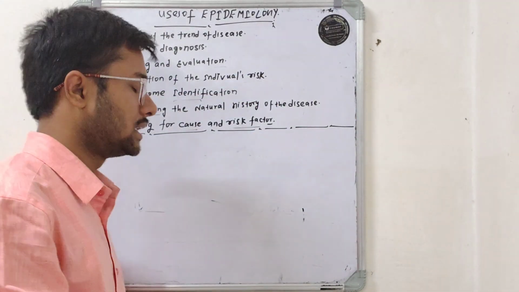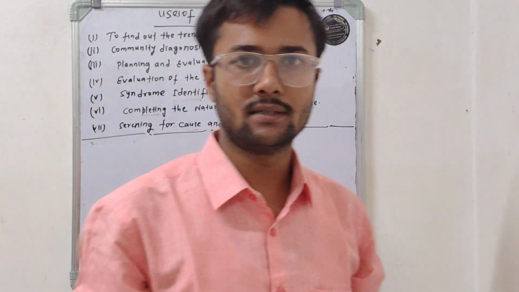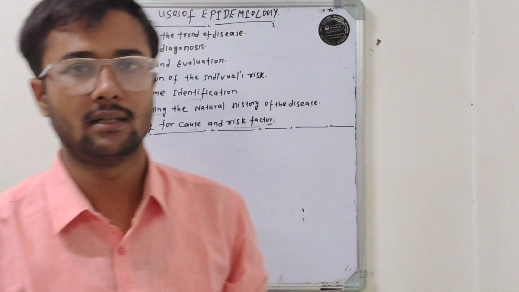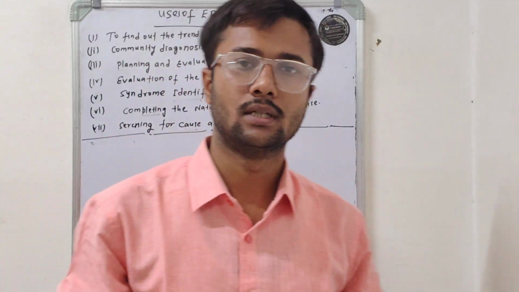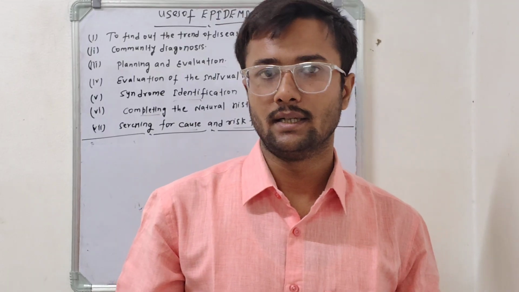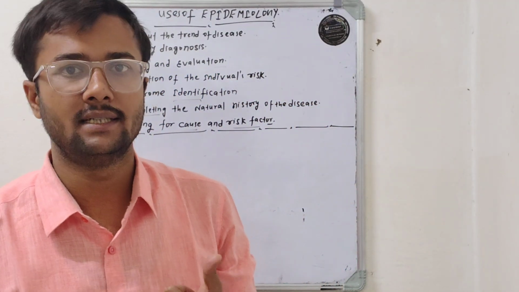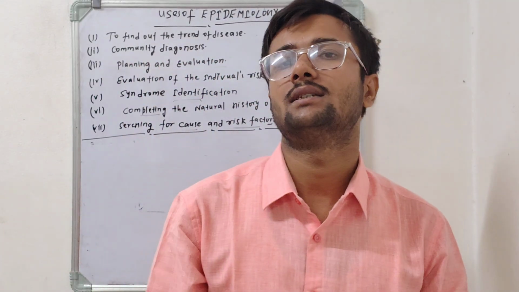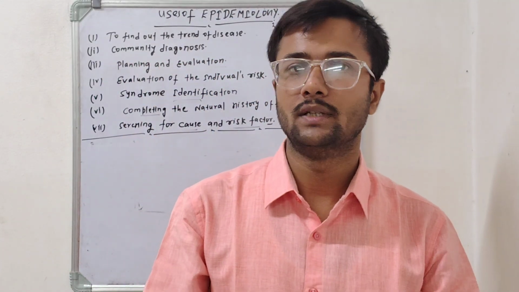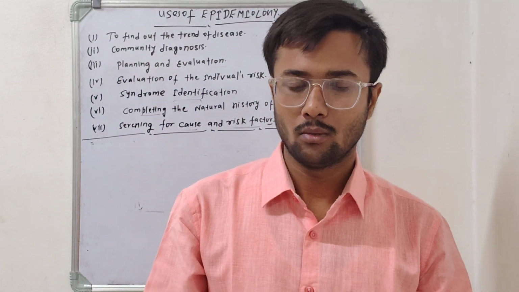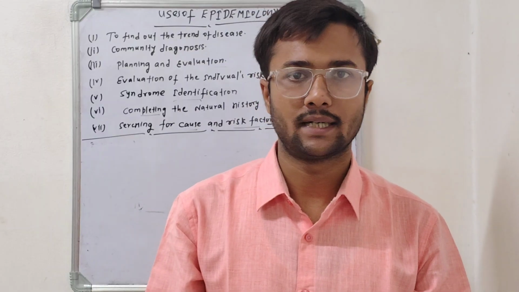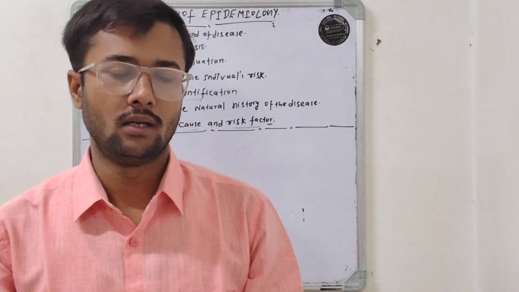Again, we can use the incidence and prevalence for community diagnosis. For example, let's suppose malaria is a disease. If the incidence and the prevalence of malaria is high, it indicates that in our community or population, most of the people are affected by malaria.